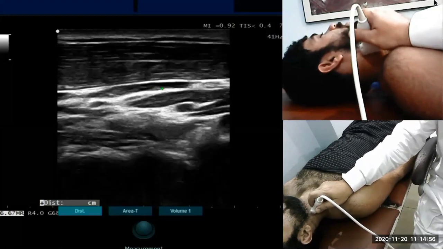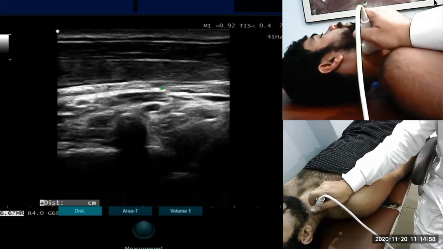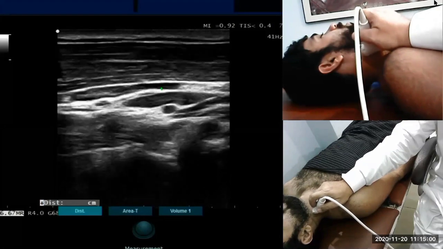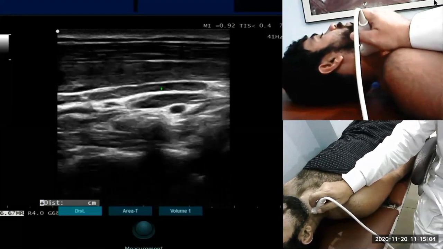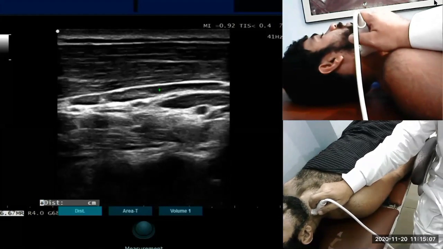Tubular lymph nodes are not active. They are not growing big. They are not enlarged.